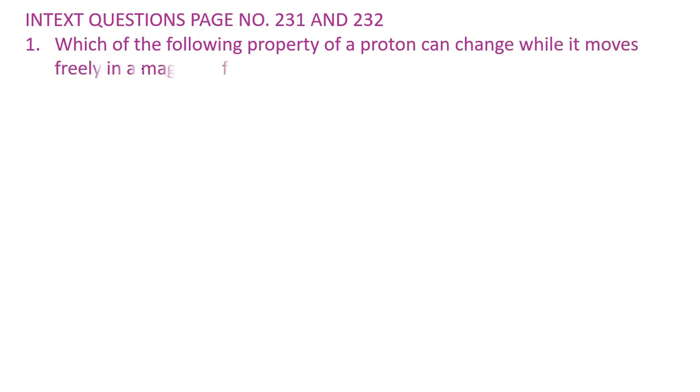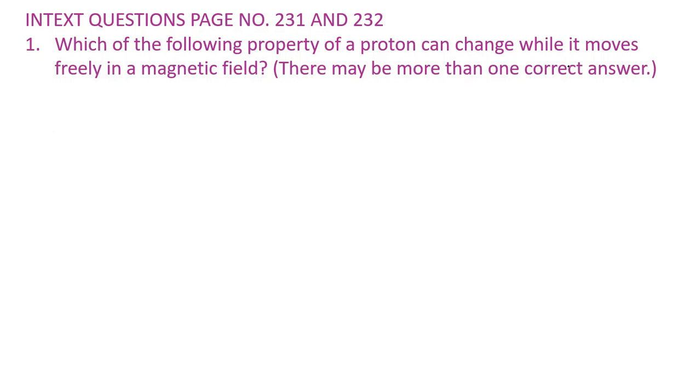Now in-text questions we are going to discuss. The first question is, which of the following properties of a proton can change while it moves freely in a magnetic field? They are asking about mass, speed, velocity and momentum.